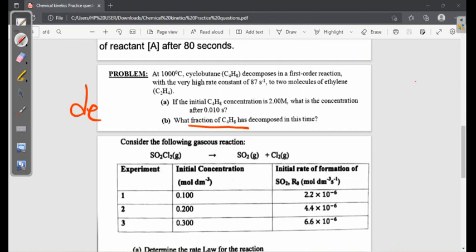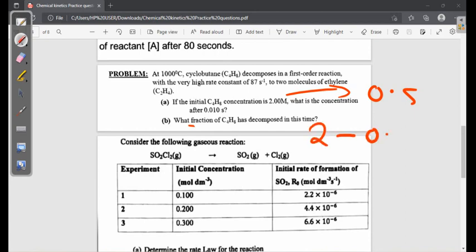Okay, I think the basic idea, we can do this. Let's say initially we have 2, and then after a certain time we had 1 molar concentration. Let me use a different value so that we don't get confused. Let's say we have 0.5 as the final. So how much has decomposed? It's going to be the difference between 2 and 0.5, which will give you 1.5.